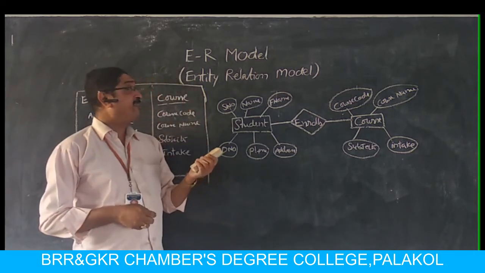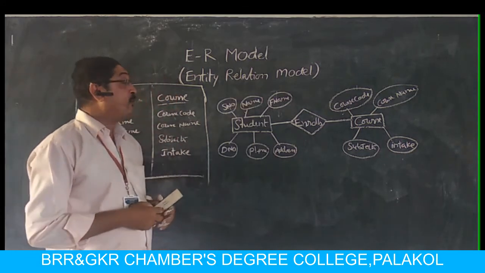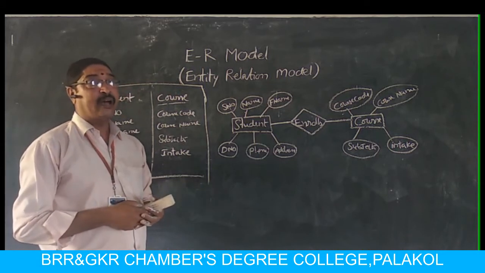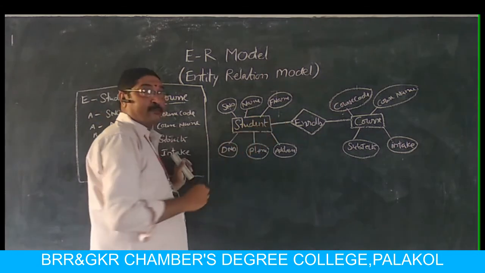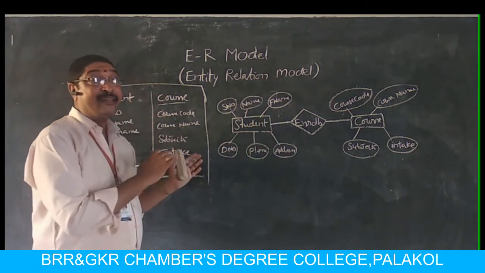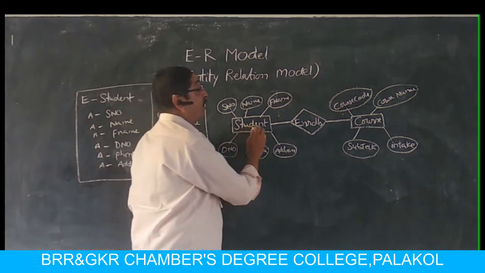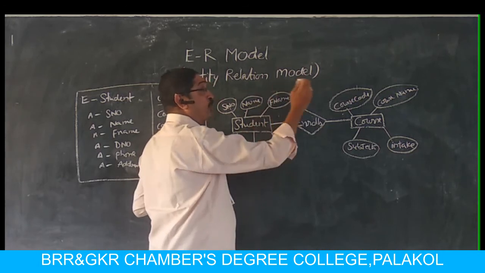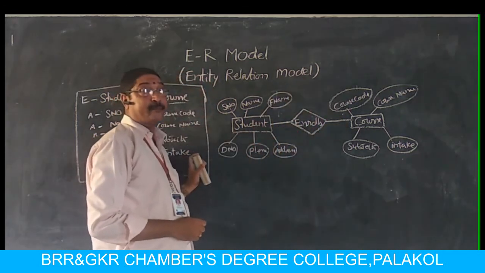And in this ER diagram, we can specify cardinality also. What is cardinality? While relating these entities, we must represent how many events of one entity are related to another event of another entity.